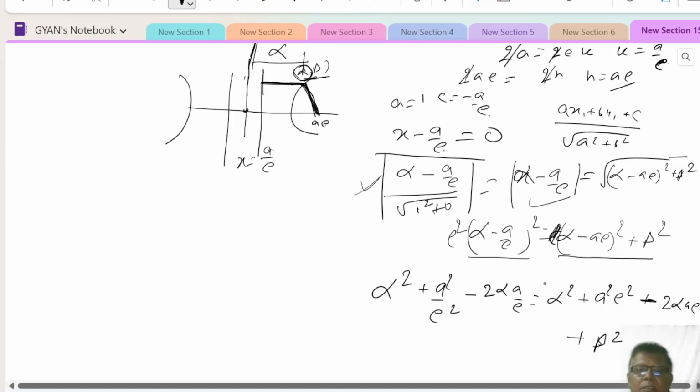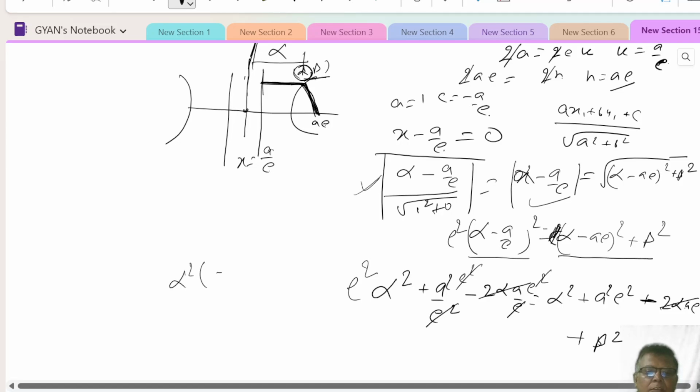So here e square alpha square and e square get cancelled. And here e square, so e square e get cancelled. So 2 alpha a e, 2 alpha a e, same thing. So this got cancelled.